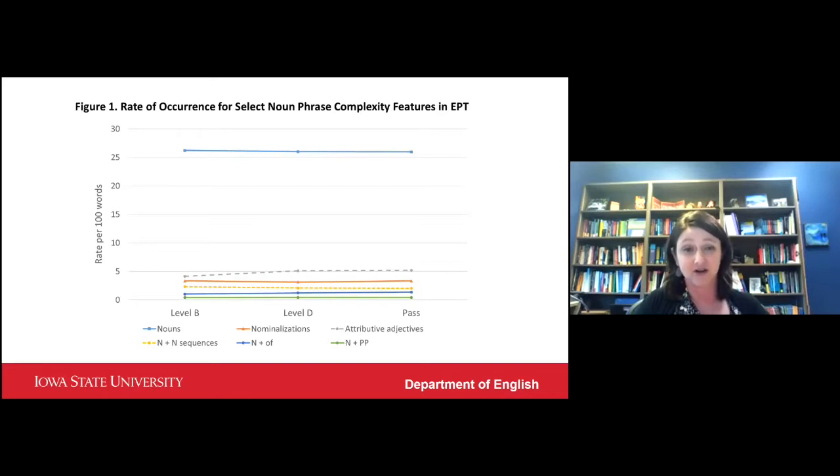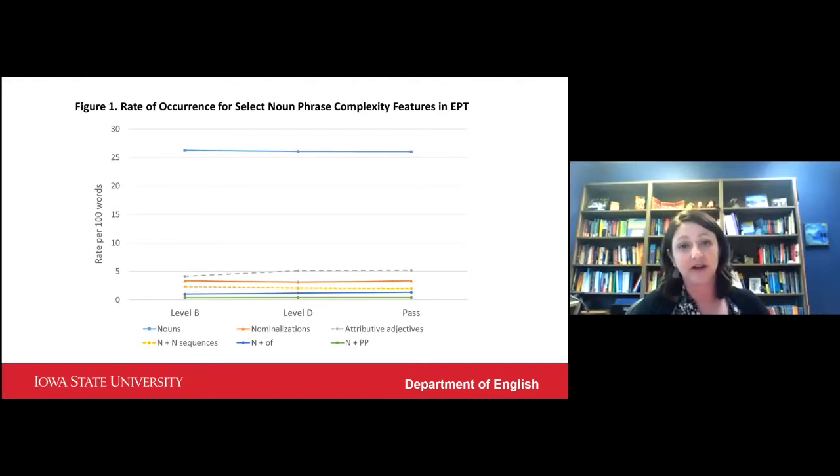Across the levels, the frequency of these features just doesn't change. And this is contrary to what we would have expected. We had this beautiful, well, I think it's beautiful, empirically founded hypotheses of what we would expect to see as these language learners developed, and the results just don't align with what we would expect.